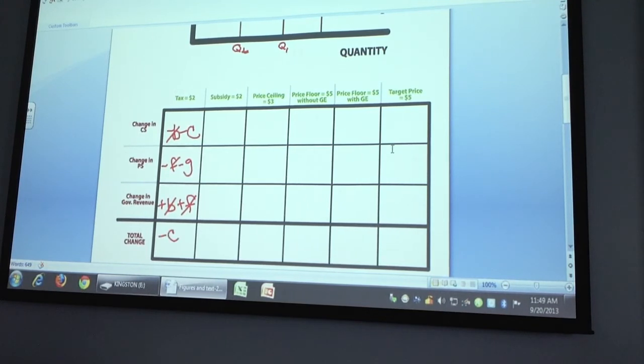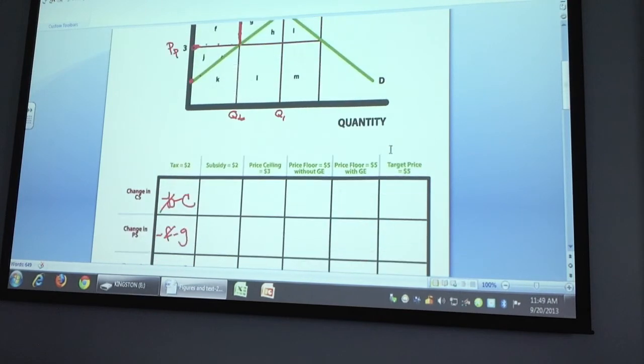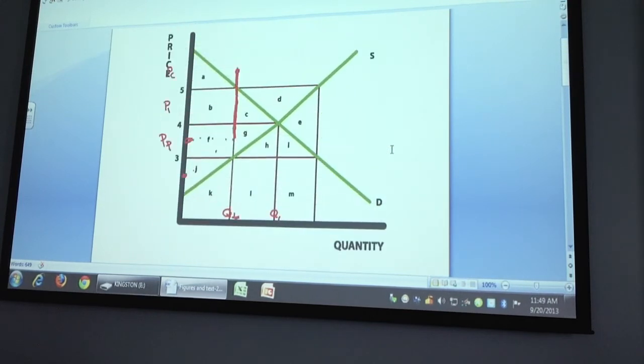Minus C minus G. All right, so that is this area here, which we haven't talked about.